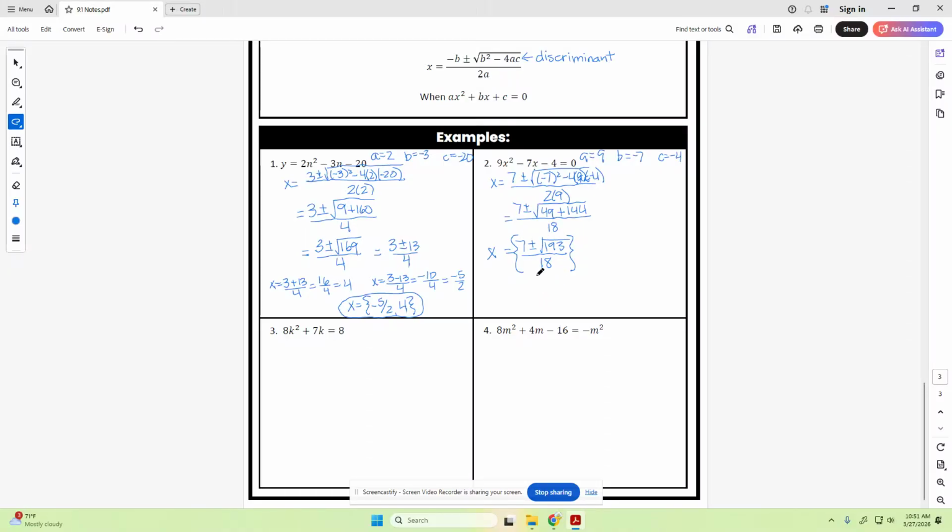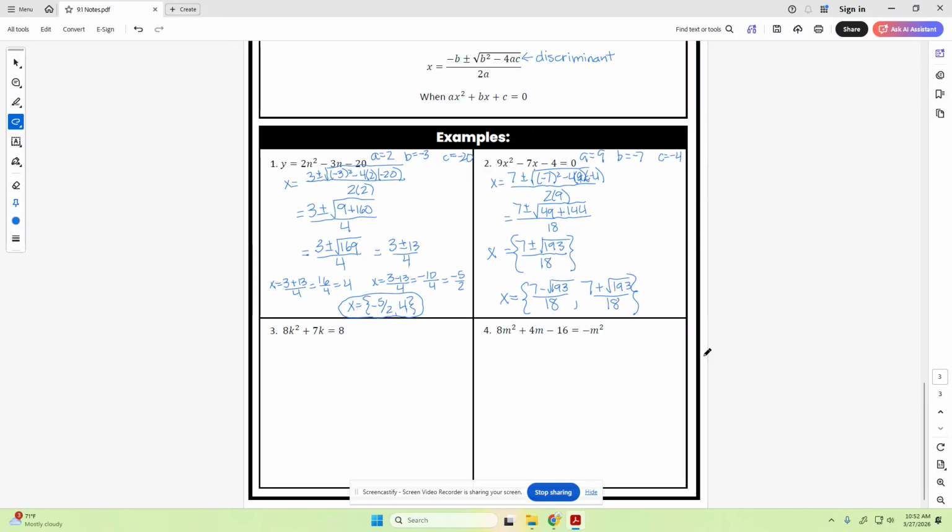If something about that doesn't feel complete to you and you want to write it out as the two separate solutions, you could also write this as 7 minus the square root of 193 over 18 and 7 plus the square root of 193 over 18. I never want to take the time to write that much, and I don't expect that you all would want to either. So either of these would be acceptable answers. Definitely don't need to write both.